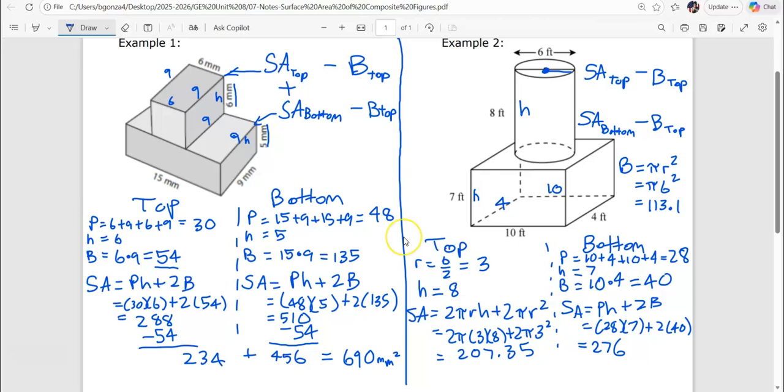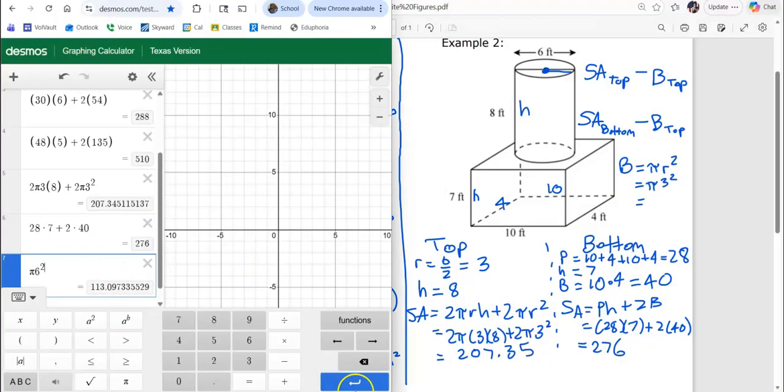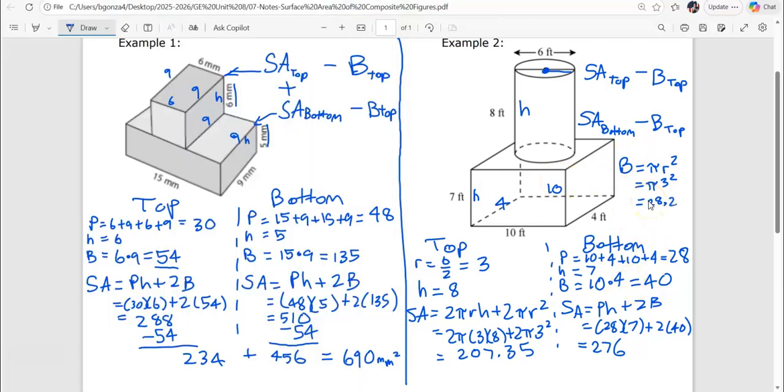My bad. My bad. Hold up. It's pi 3 squared. Thank you for saying that earlier. Not pi 6 squared. Which should give you 28.27. Okay. 28.27.